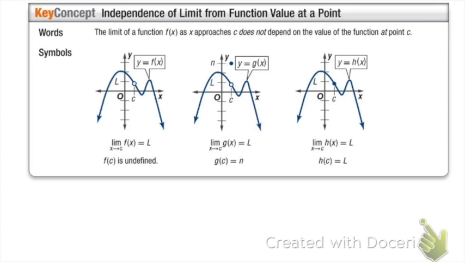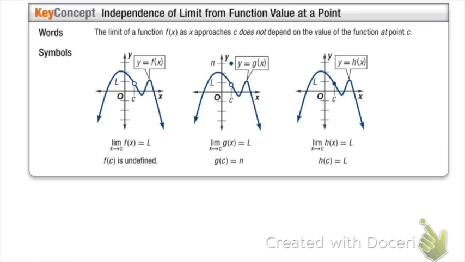But we are approaching that L value where that hole is from both the left and right sides, so we still have a limit there. Whatever that L value is, where that open hole is, is our limit, because both the left and right sides are going to it.